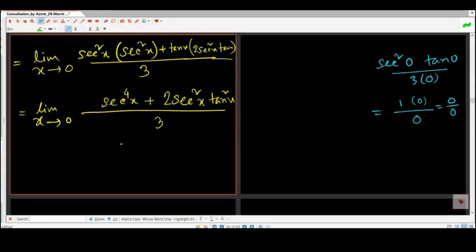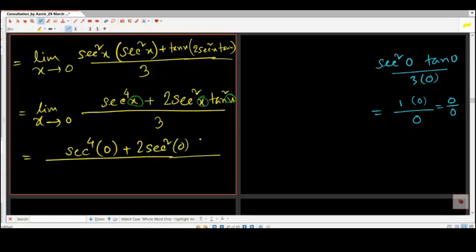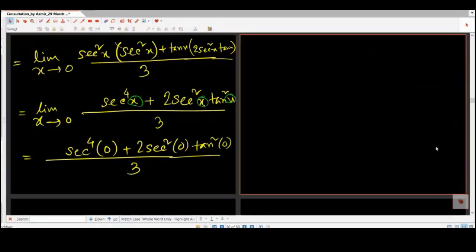We can input the value of x equals 0, where we have x. So here x will be 0, 2 secant squared 0, tan squared 0 over 3. There is no option for differentiation again, because we don't have 0 over 0 type or infinity over infinity type here. That's why we are plugging in this value.